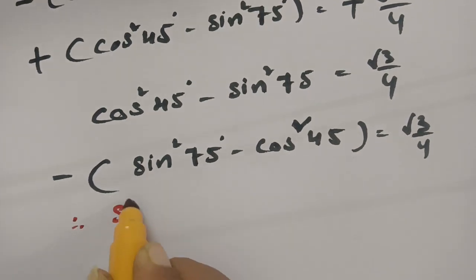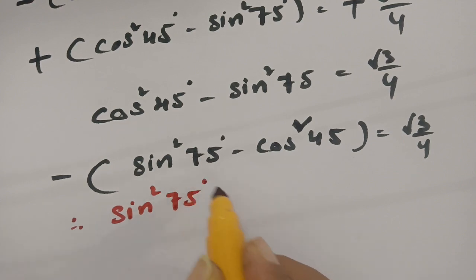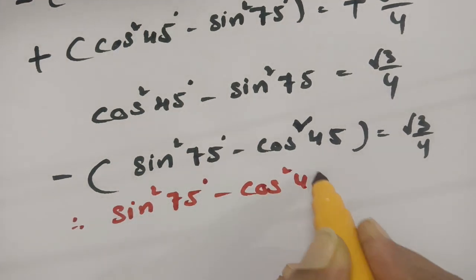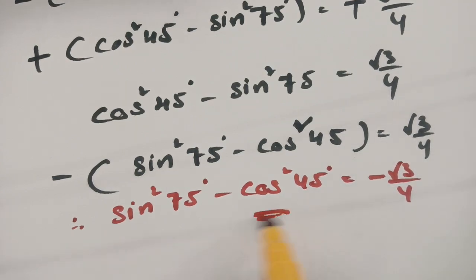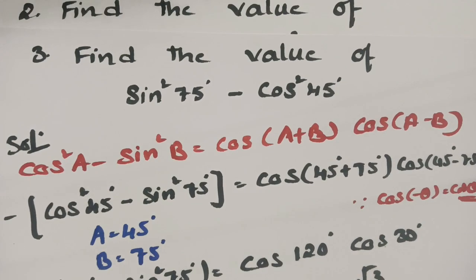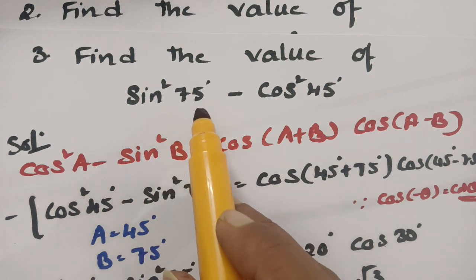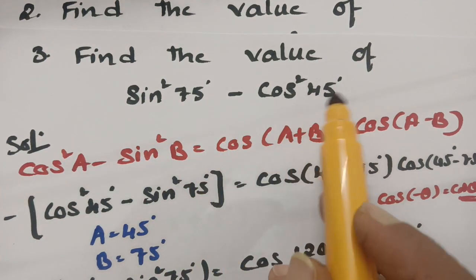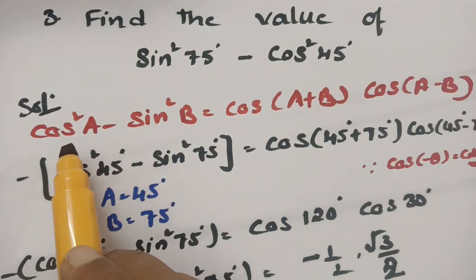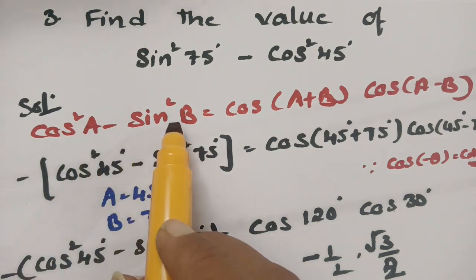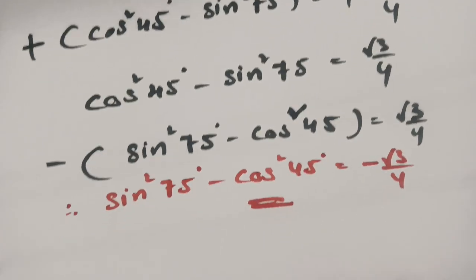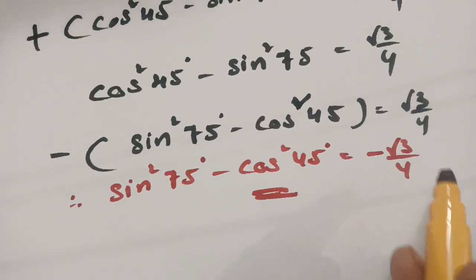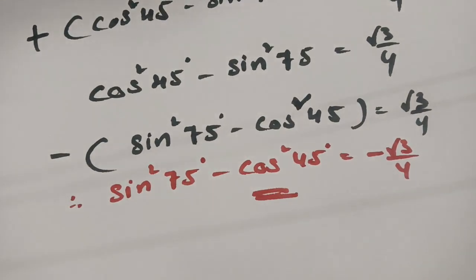Therefore sine square 75 degrees minus cos square 45 degrees is equal to minus root 3 by 4. See here, it is very clear from the question. It is asked sine square a minus cos square b, and we have a formula for cos square a minus sine square b. So I have to take minus common. After taking minus common, I need this value. So minus root 3 by 4 is the final answer.